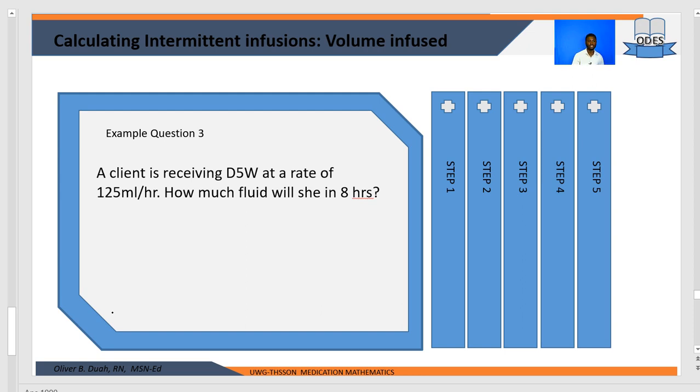Example 3. A client is receiving D5W at a rate of 125 ml per hour. How much fluid will she have received in 8 hours?